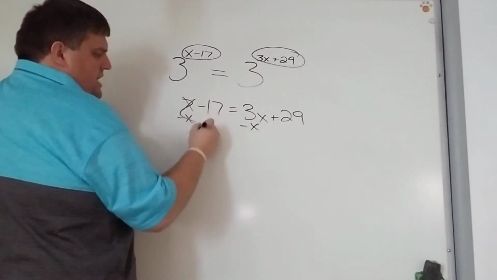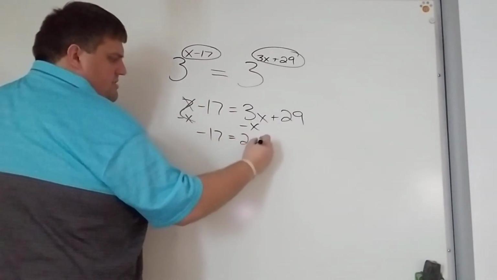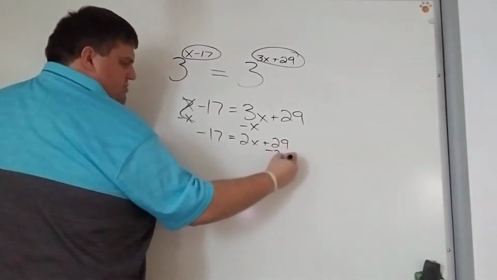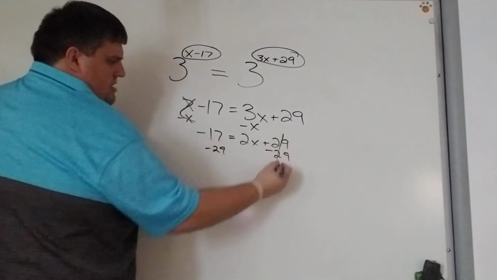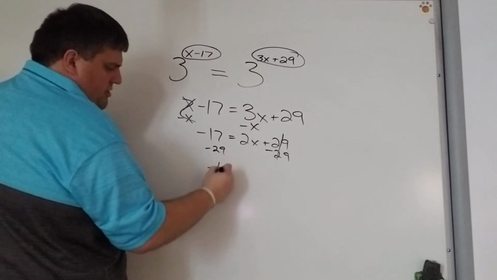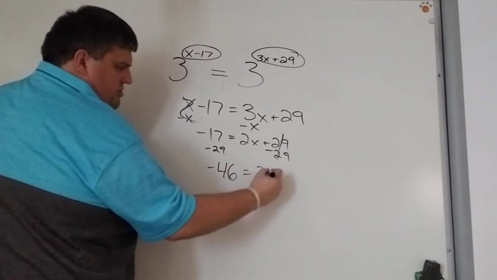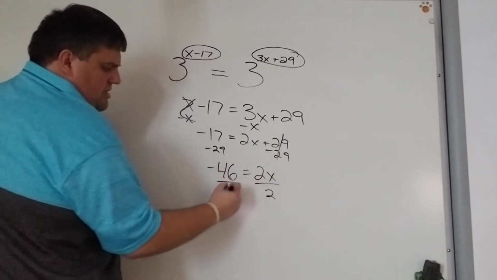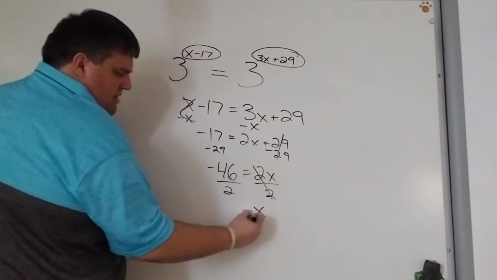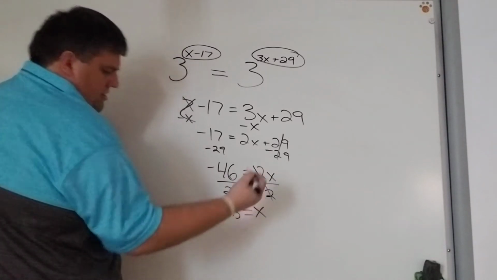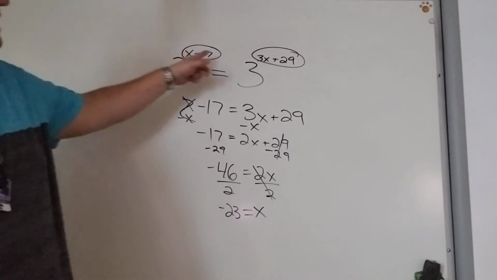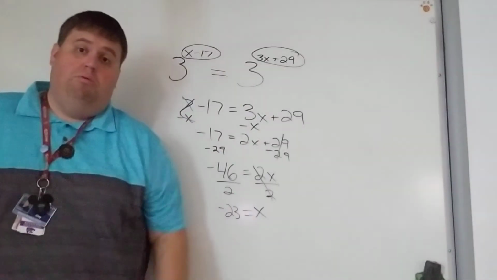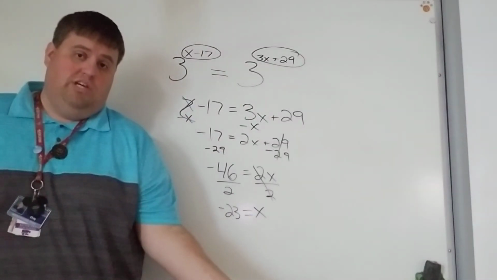Minus 1x from both sides, you get negative 17 equals 2x plus 29. Minus 29, that's negative 46 equals 2x, and then divide by 2, and we get that x would have to be negative 23. So if x was negative 23, those two would be exactly equal to each other.